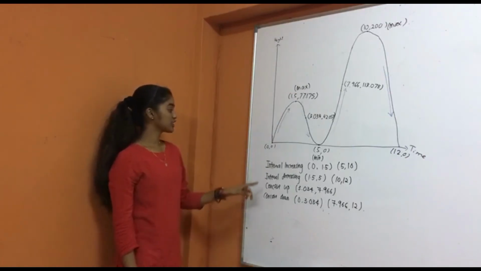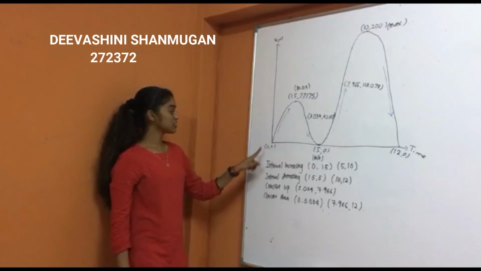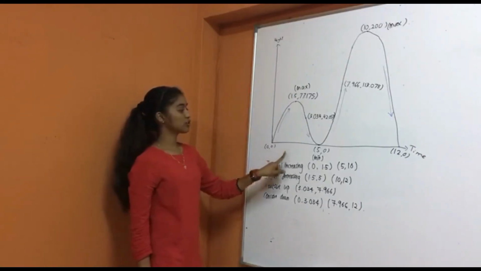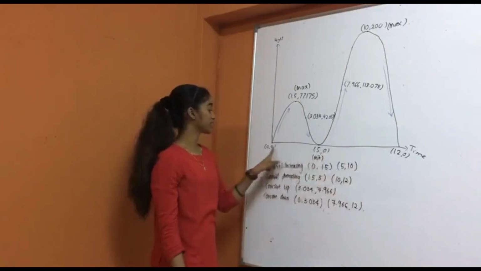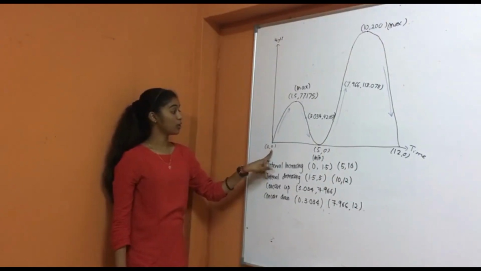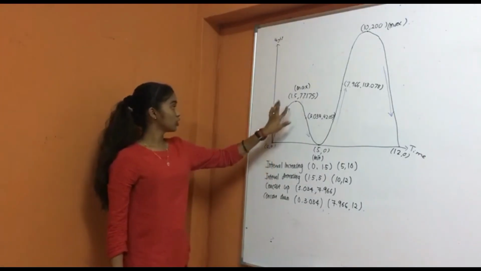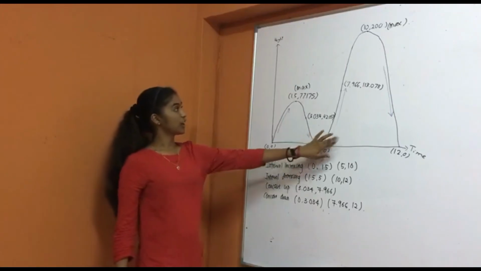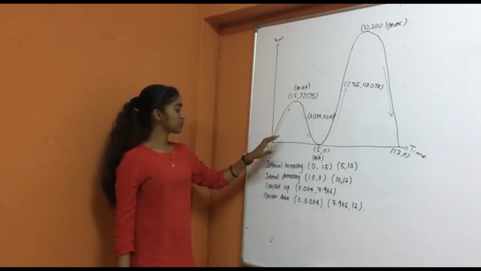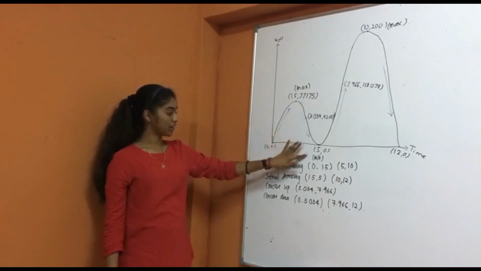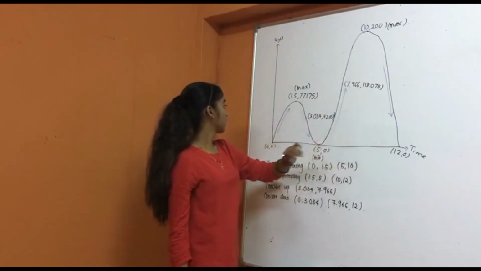Okay, in conclusion, (0, 0), (5, 0) and (12, 0) will be our x-intercepts, and (0, 0) will be our y-intercept too. The interval of increase will be 0 to 1.5 and 5 to 10, and the interval of decrease will be 1.5 to 5, then 10 to 12.